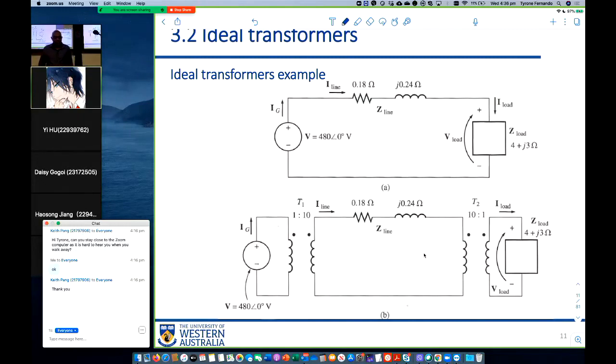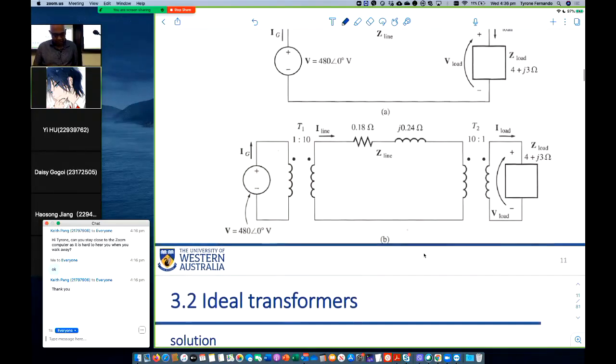For these two cases, we want to calculate the I squared R loss in the transmission line. You want to minimize the loss in the transmission line. Obviously by stepping up the voltage and stepping down at the receiving end, the power loss is going to be less, and we're going to see the numbers for that in this example.